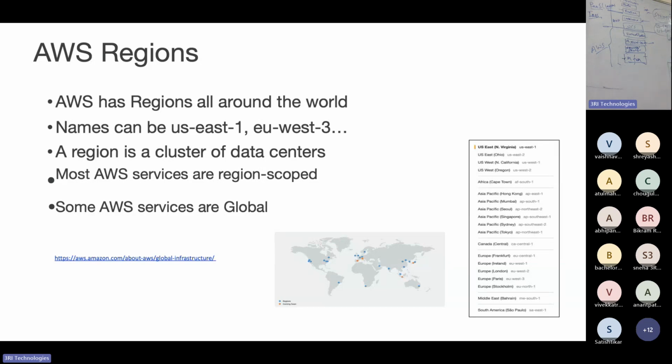Do you really care where it is coming from? This is global. You are just connecting to their global service, and they decide from which place it is going to be served. That is the difference. Some services are global, some services are regional.